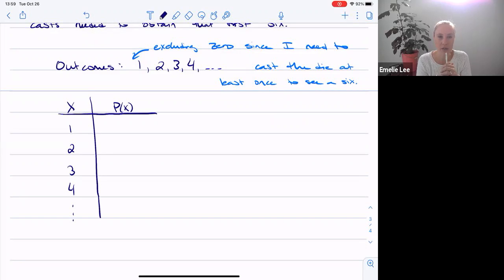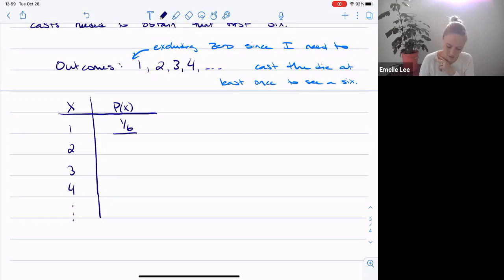We can map it out. Sometimes I find it useful if we just visualize this thing. So if I throw the die 1 time, and on that first throw I saw 6, the probability of that happening is 1 in 6.